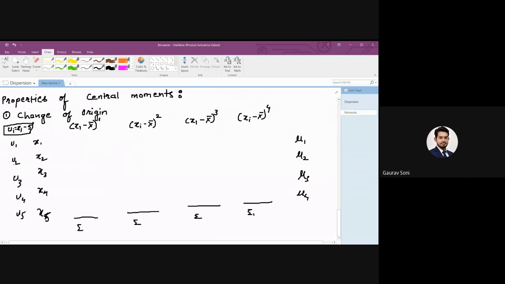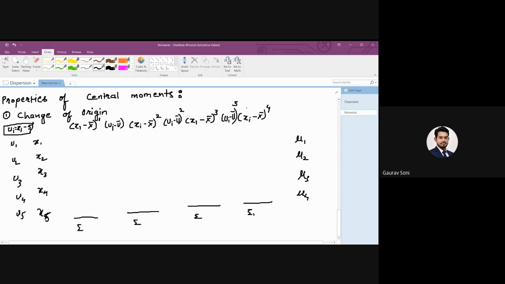Using this, he can make ui minus u bar, ui minus u bar square, and also ui minus u bar cube.